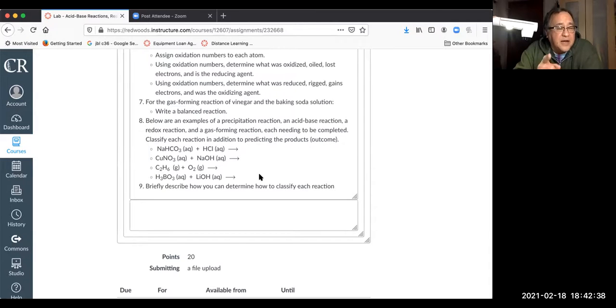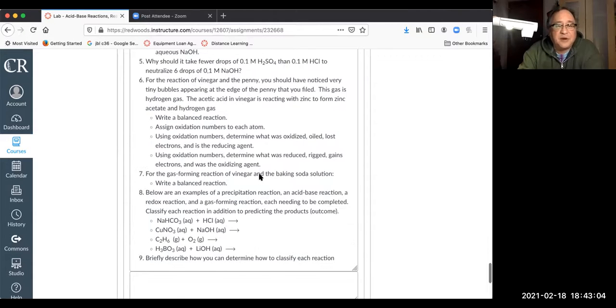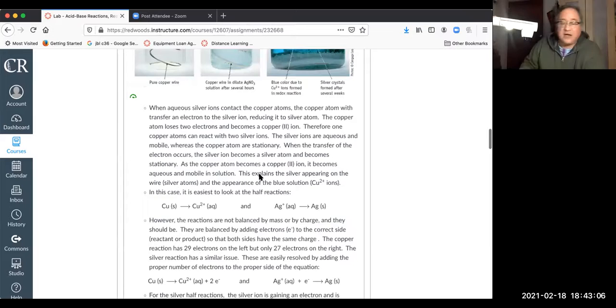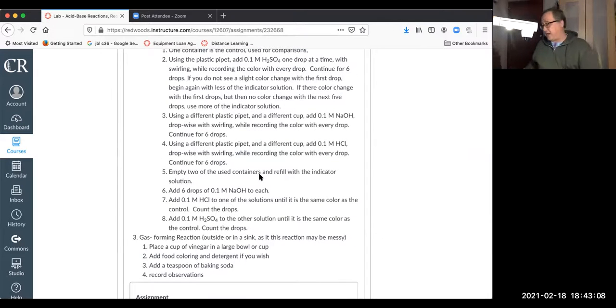And then in number 9, you're supposed to tell me how you figured out which one was which. Because on the exam, I usually put reactions down there and I say, okay, what kind of reaction is this? Tell me why you think that's the case. So this is really good practice for the test. So any questions about your lab? All right. Well, since there aren't any questions about your lab, let's talk a little bit about some of these ideas.